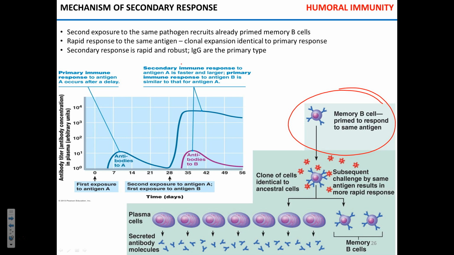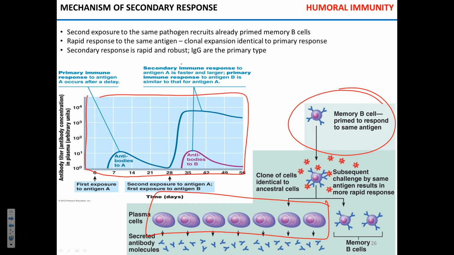So in this case, clonal expansion will happen much faster and the levels of antibodies will be much, much higher. This is the generic graph that shows you this. So this is your primary response, right? And then this is the second encounter of the same pathogen. You see how much higher the levels of antibodies are. That's secondary.